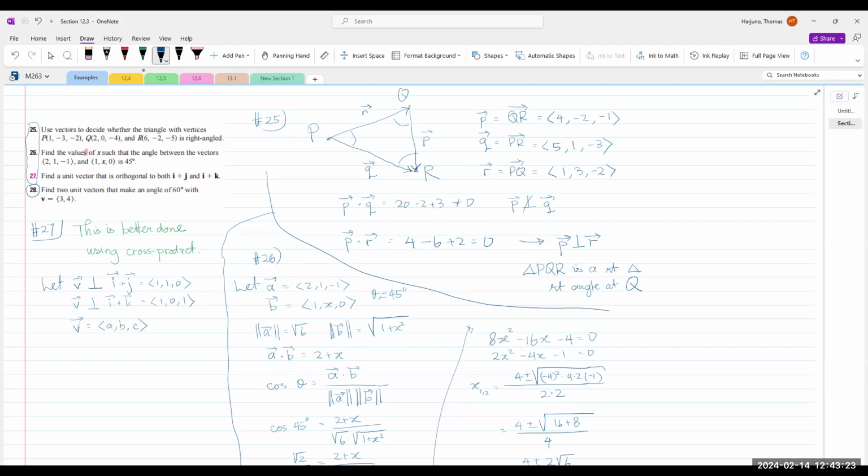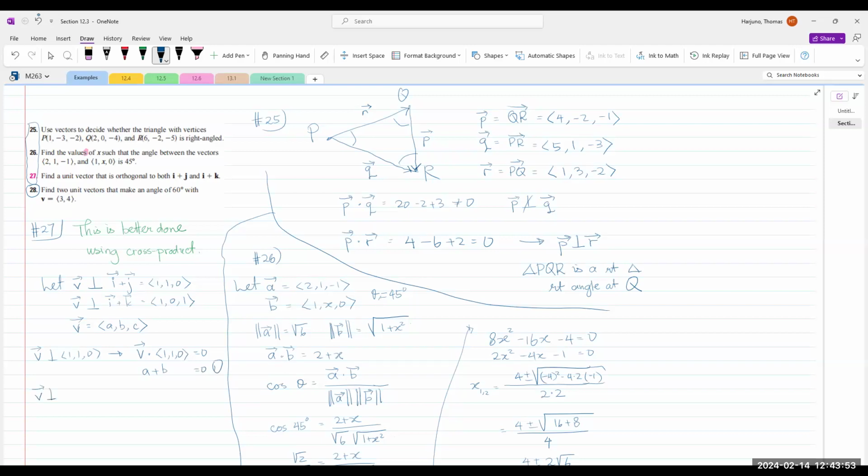Now, because v is normal to (1,1,0), it means the dot product should be 0, right? v dot (1,1,0) equals 0. So we get a plus b equals 0. Let's call this the first equation.